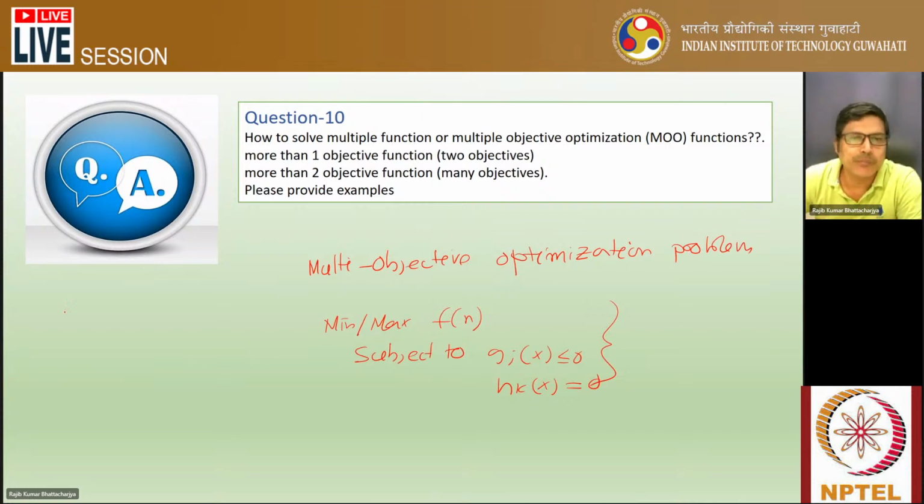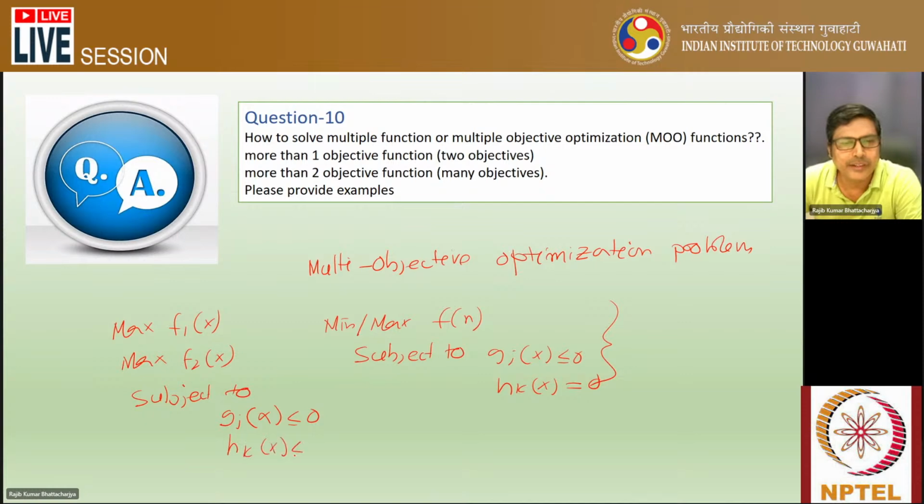Sometimes, suppose I would like to maximize f1(x) and at the same time maximize f2(x), subject to zj(x) less than or equal to 0 and hk(x) less than or equal to 0. This is a multi-objective optimization problem.